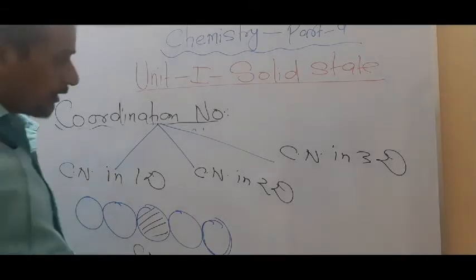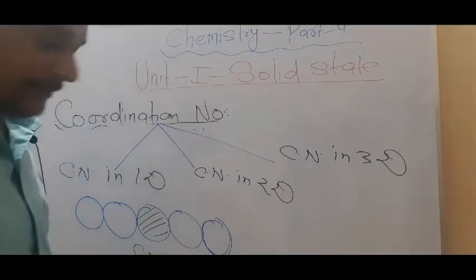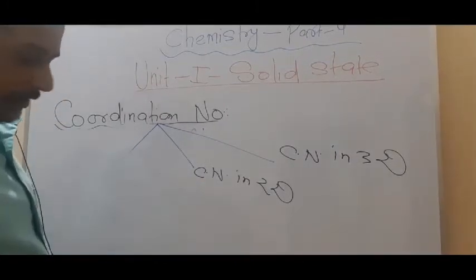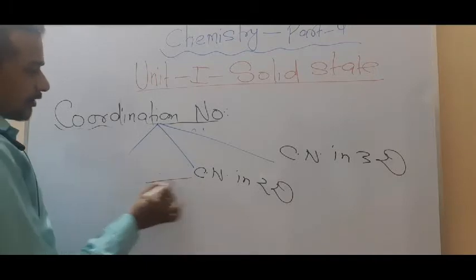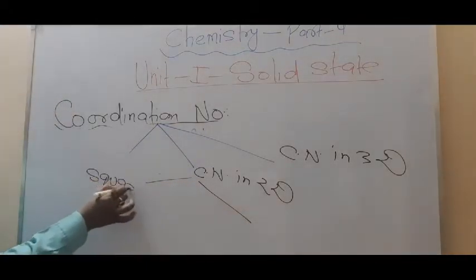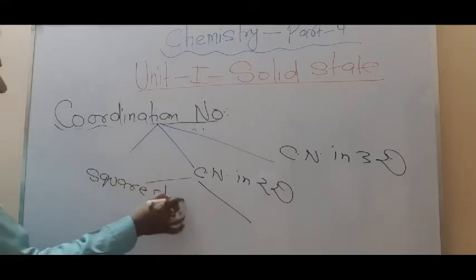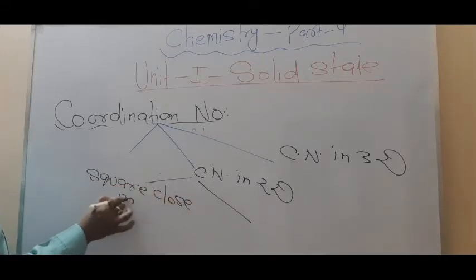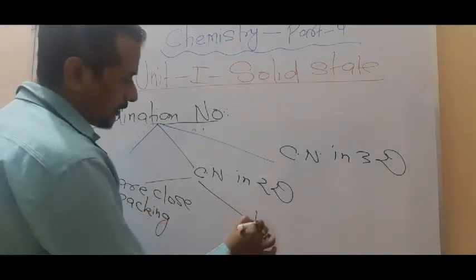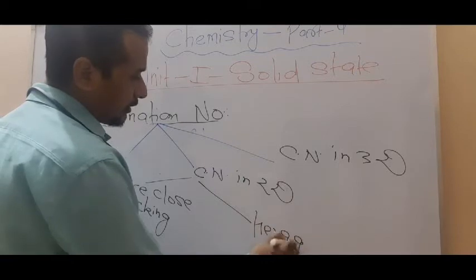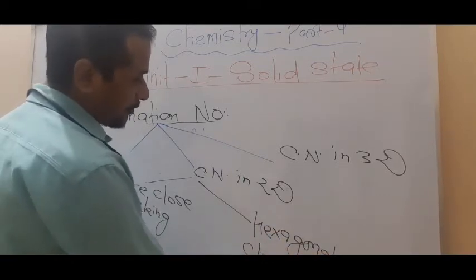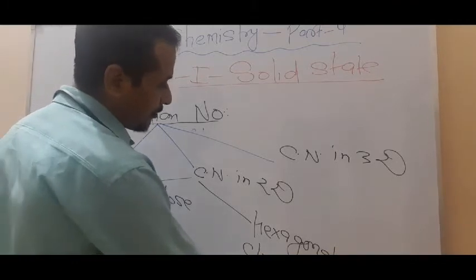Now let us focus on the coordination number in two dimensions. Here two types of packing are generated. One is known as square close packing, and the second is known as hexagonal close packing of spheres.